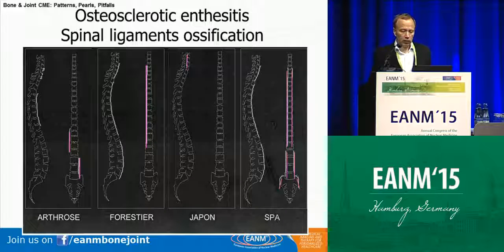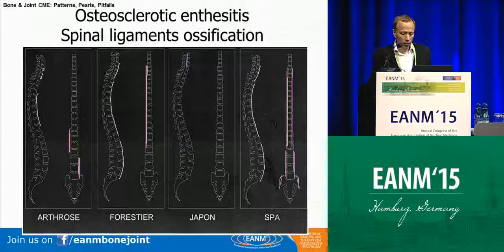So let me remind you that for osteosclerotic conditions, you may find miscellaneous conditions with very special locations of spinal ligament ossifications. For osteoarthritis, you got interarticular and degenerative enthesitis, which are in the cervical area and in the lumbar area, in asymmetrical disposition.